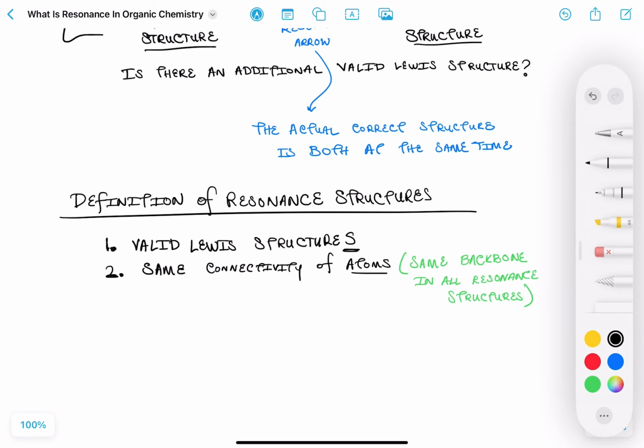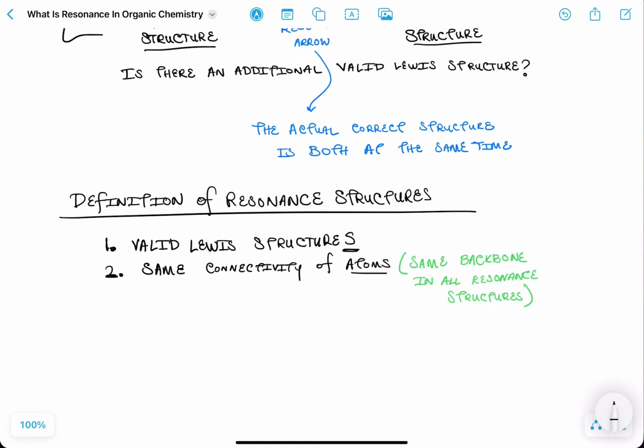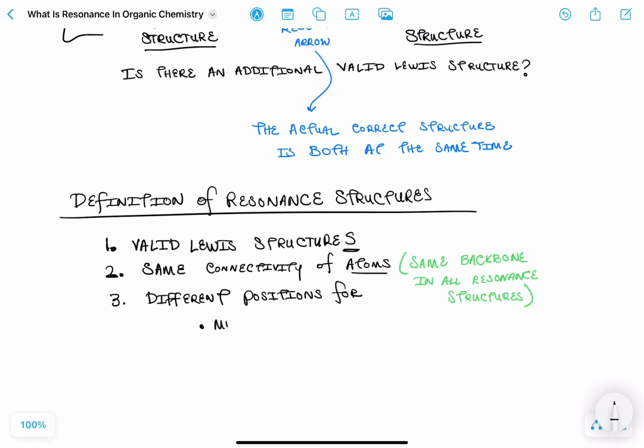The third and last condition of having a resonance structure is that we have different positions for multiple bonds, so double and triple bonds, and then unshared electrons.